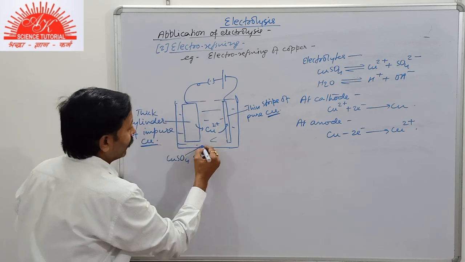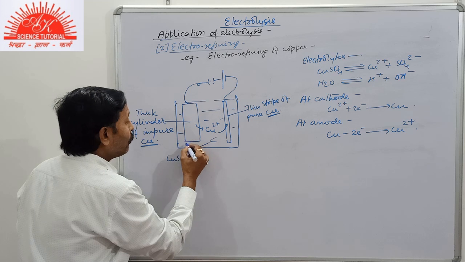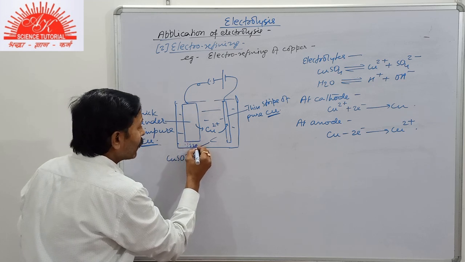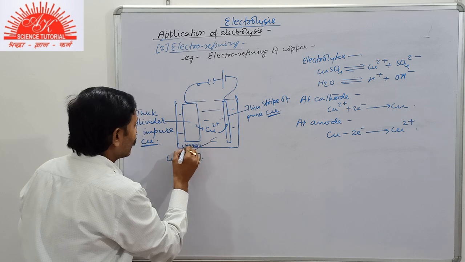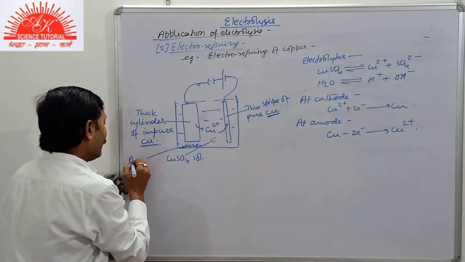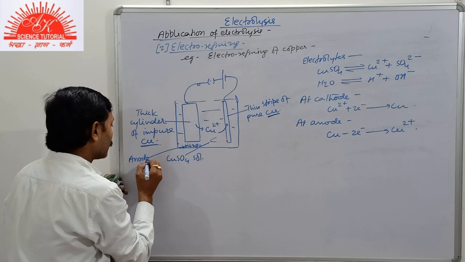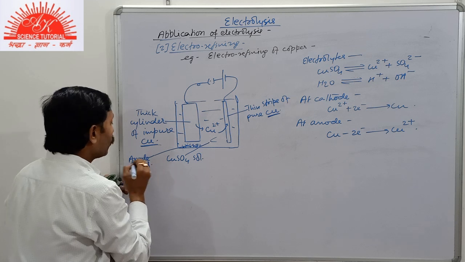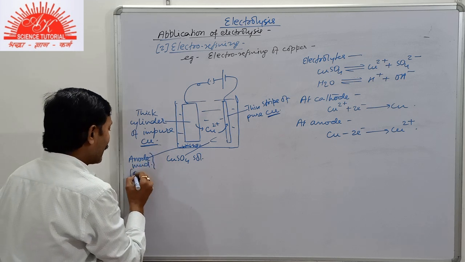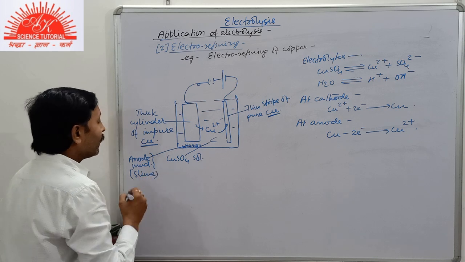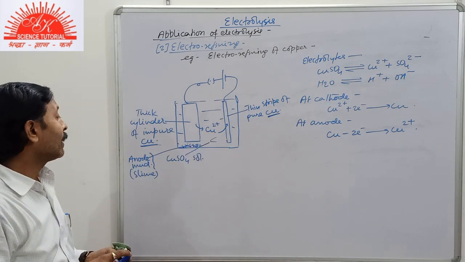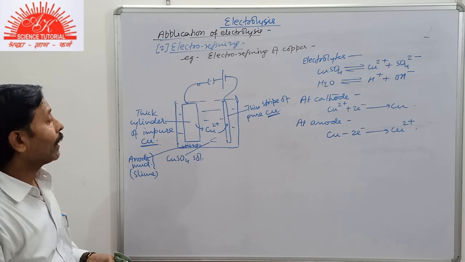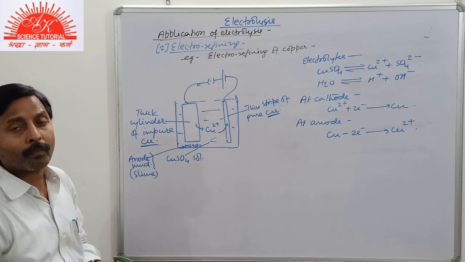Now one more thing. Under the anode, here the impurities are settled. That is called anode mud or slime. The pure metal is discharged and impurities are deposited at the bottom.